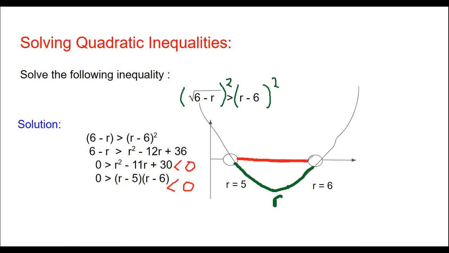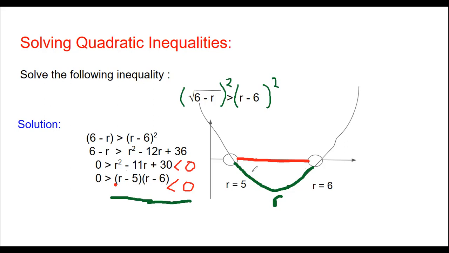this red horizontal line, which corresponds to this green line, which is a graphical representation of this entire inequality, where you have r minus 5 times r minus 6, which is less than 0. The green curve represents this whole thing, underlined in green.